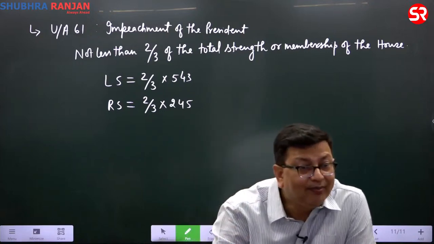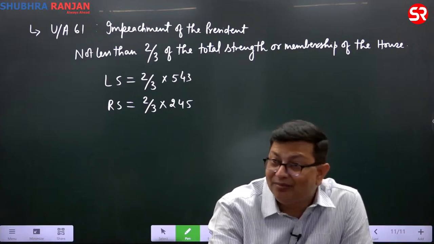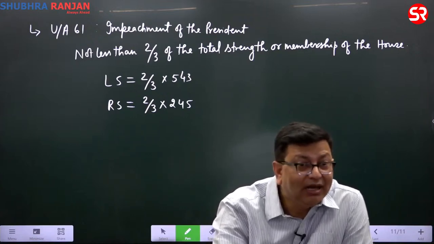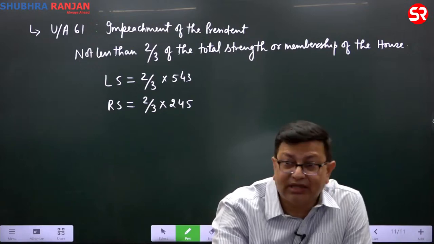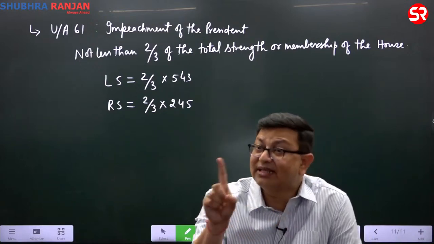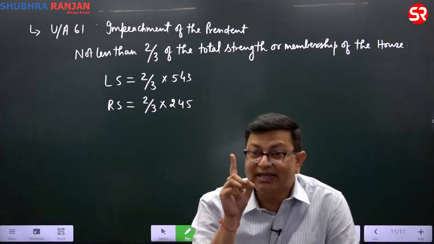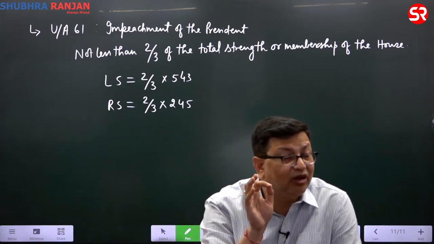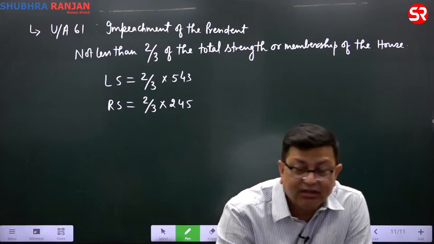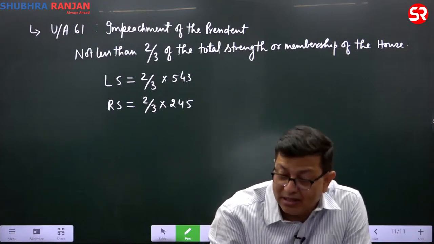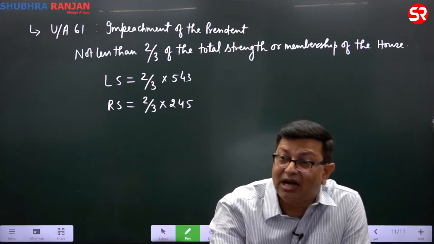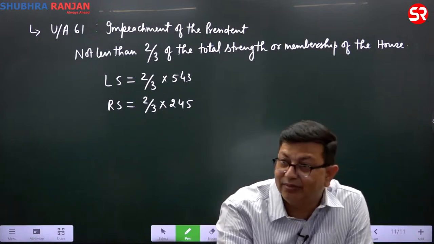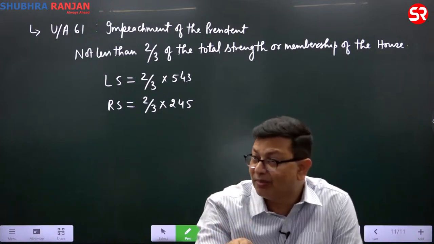For example, in America, the president and the judges of the Supreme Court both are impeached. The process is the same. The resolution for the impeachment of the judge of the Supreme Court or the president of America is introduced in the House of Representatives, which is the lower house.